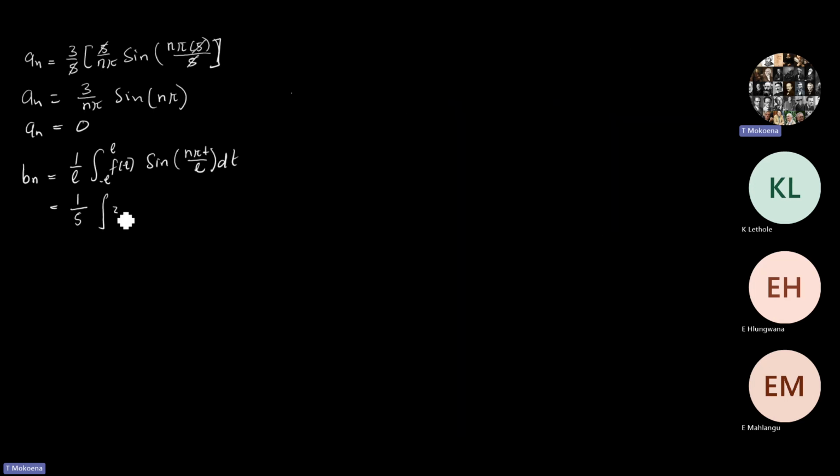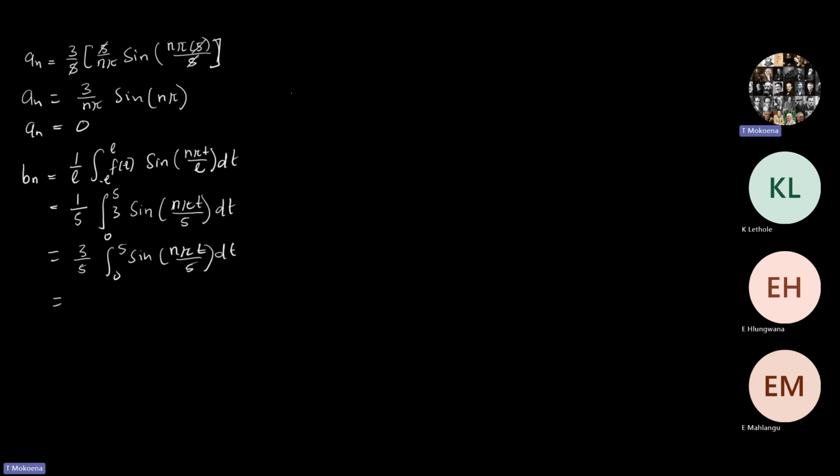F of t multiplied by sine of n pi t, remember our L is equal to 5, close the bracket, dt. And therefore, let's take 3 outside as our constant. Then we have sine of n pi t divided by 5 dt.